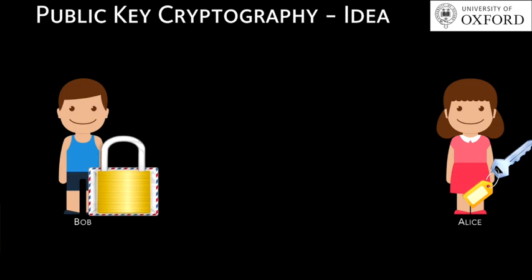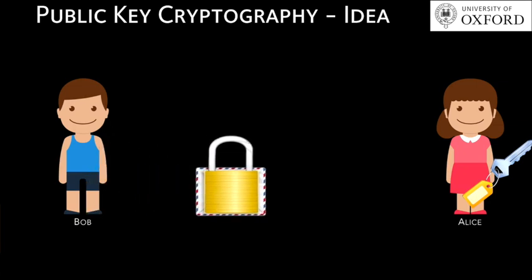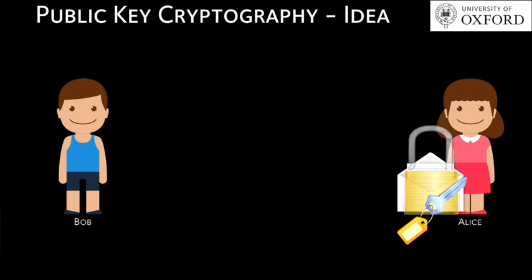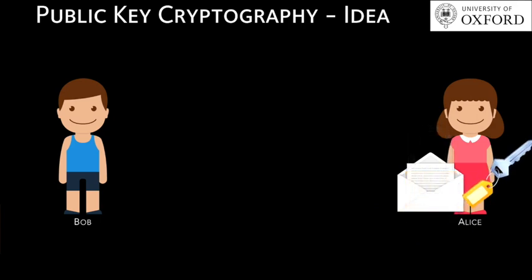So the open lock was used to close the message, but Alice is in possession of the key, because Bob never ever had a key. So with the key, she will be able to unlock it, and she gets back the plain text, the message.